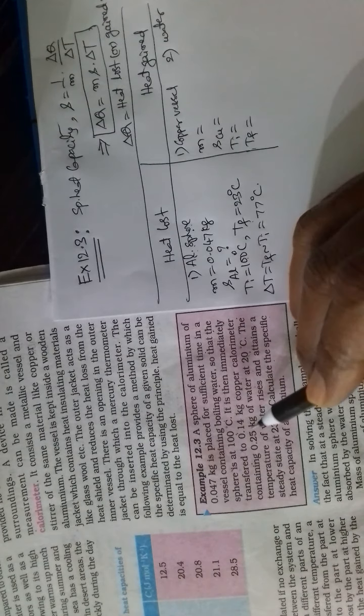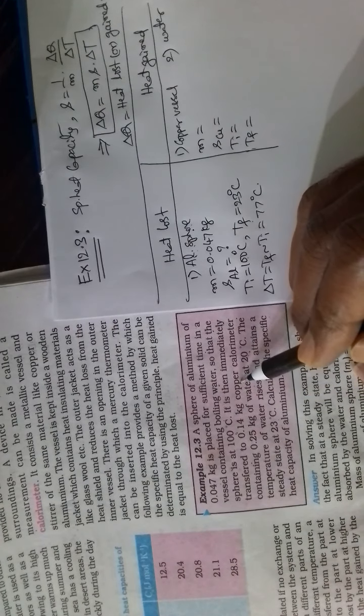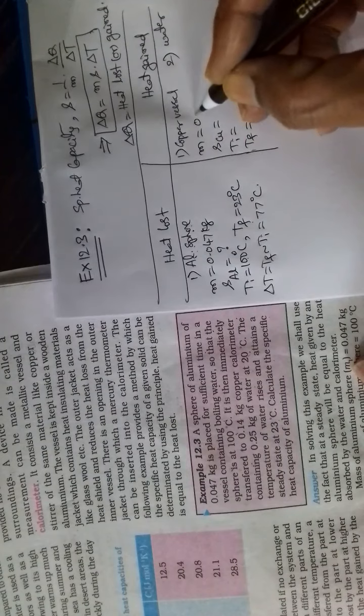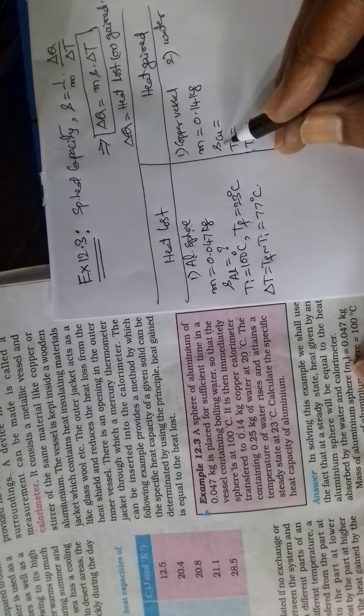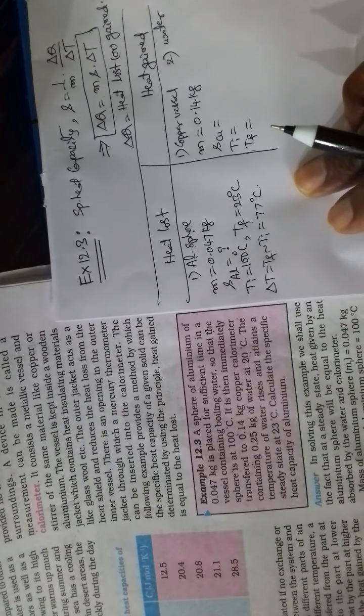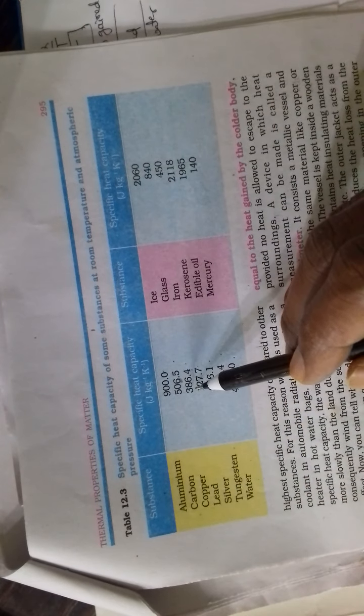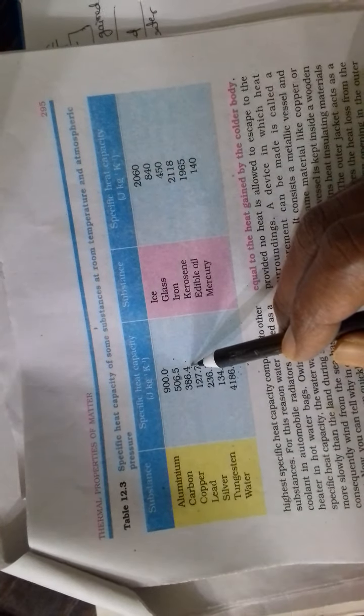Mass, it is given here, 0.14 kg copper calorimeter. Specific heat capacity of copper, it is available in the table: copper 386.4.